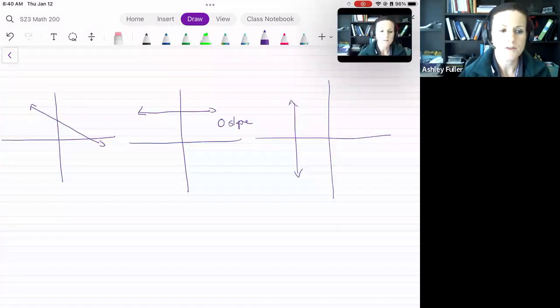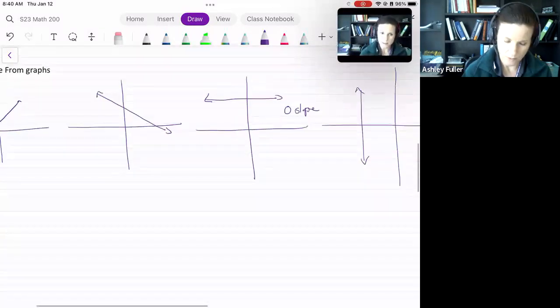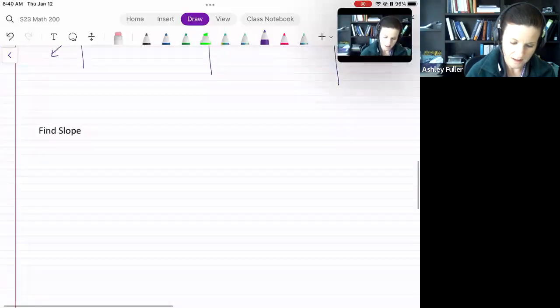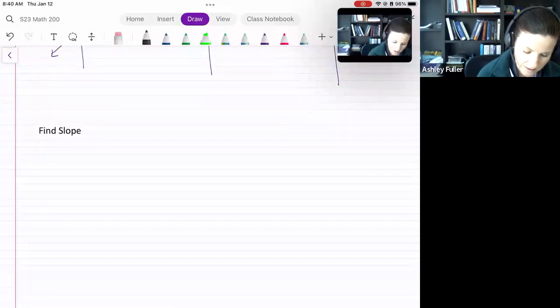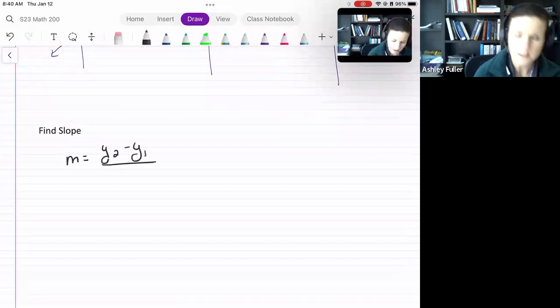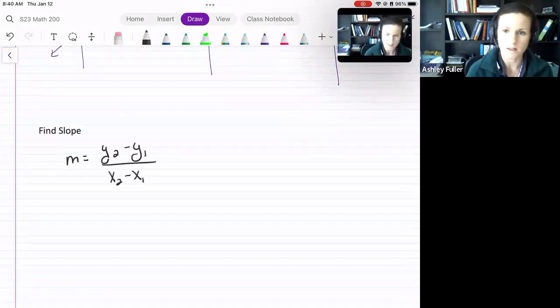You need to be able to calculate slope or the measure of steepness of a graph. You can calculate the slope by taking the 2 points and doing y2 minus y1 over x2 minus x1.